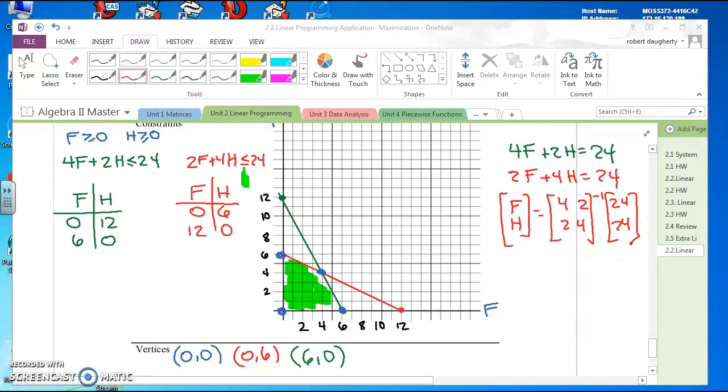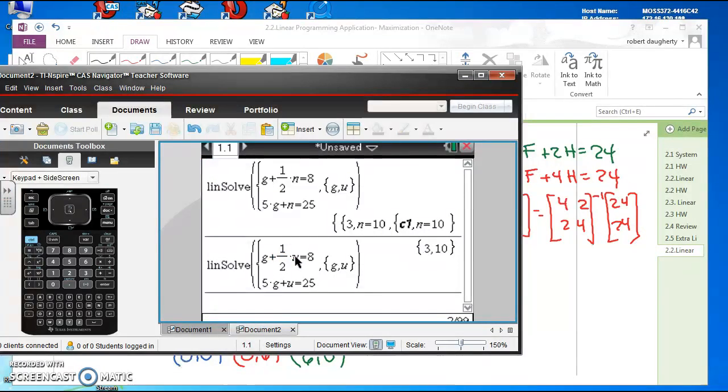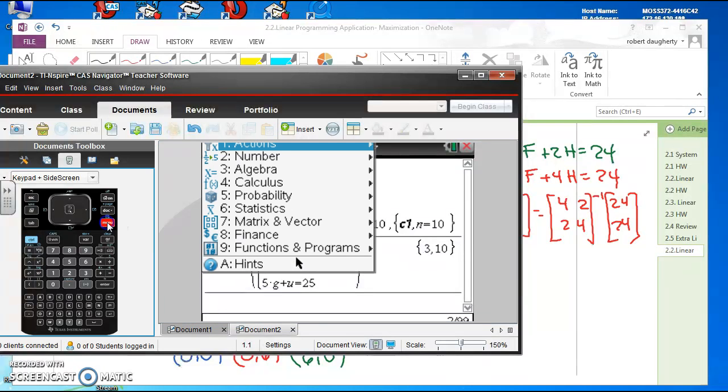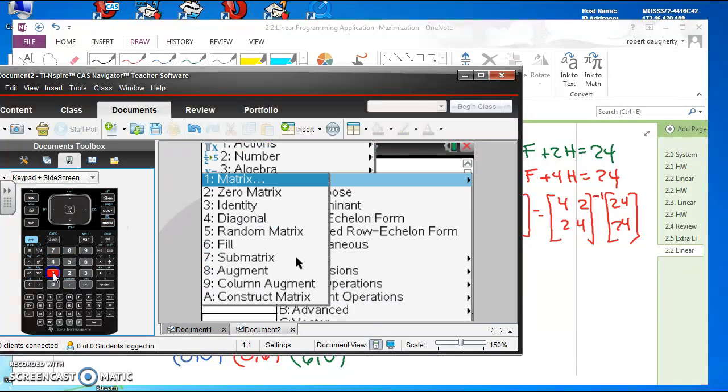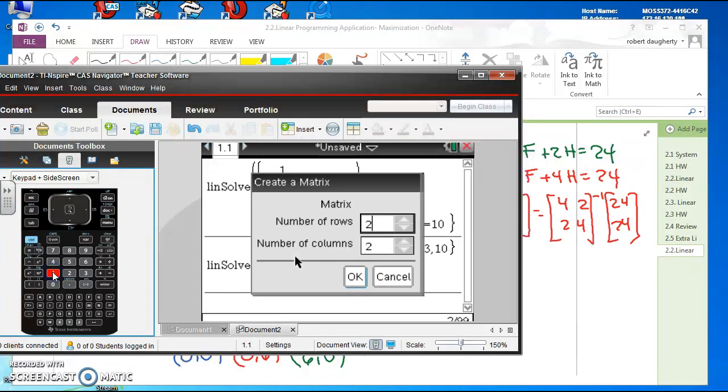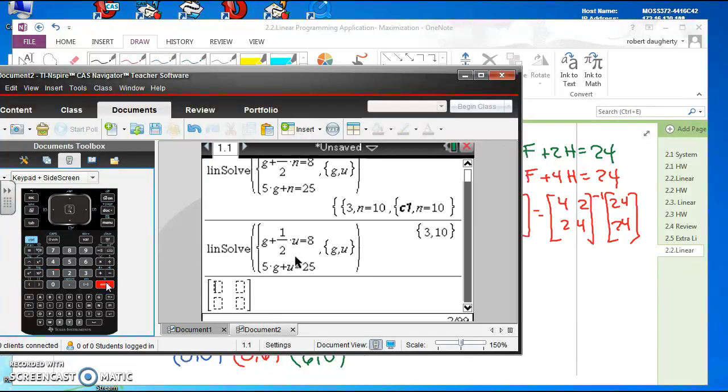I can do that on my calculator pretty quickly and avoid arithmetic mistakes. So I will say menu, and I'm going to create a 2 by 2 matrix. That matrix is 4, 2, 2, 4.